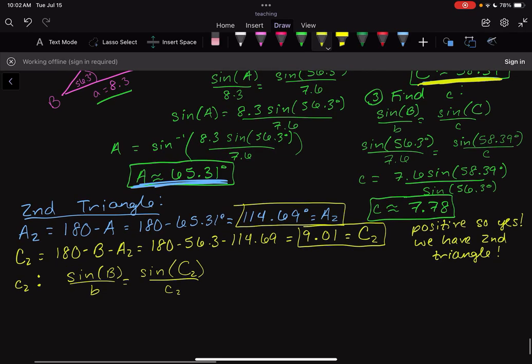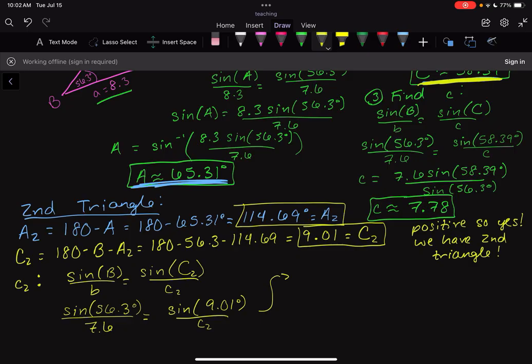So I'm going to plug everything in. Let's see what I get. So sine 56.3. All the B stuff is the same because it was given to us. I'm going to plug this in and solve this out. 7.6 times sine 9.01 divided by sine 56.3.